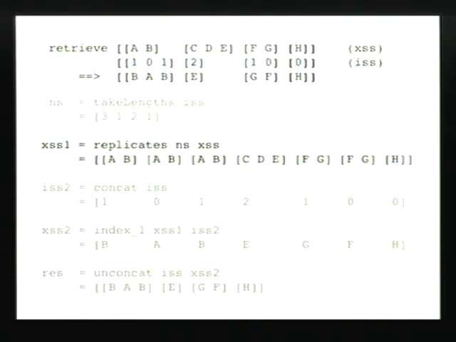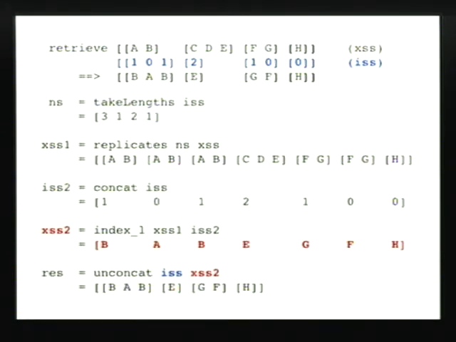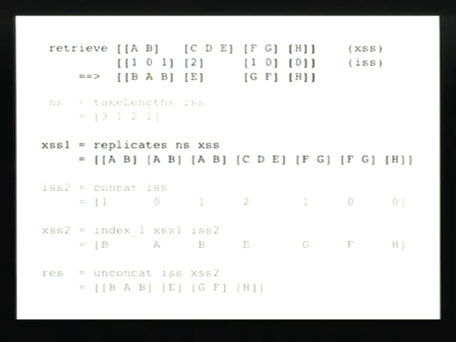So that's the process DPH uses to evaluate the code in parallel. So each of these array primitives has a parallel implementation in our backend library. So I want to pay particular attention to this function here, replicates.